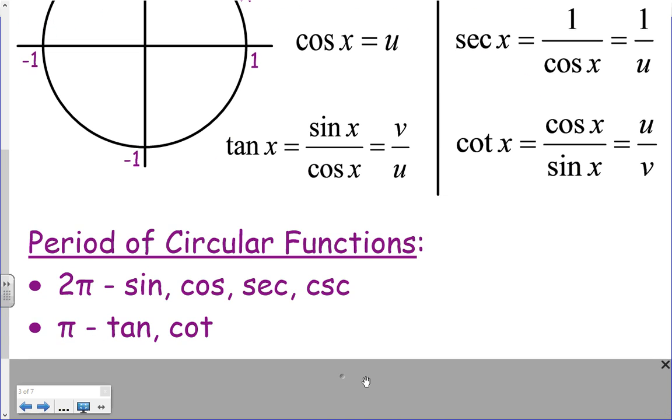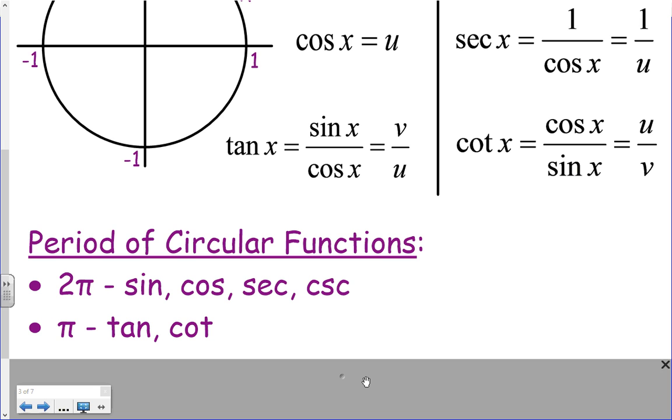A couple things to note here about your periodic circular functions. These are really working in radians then. And so we know that sine and cosine had a period of 360 degrees. We know that 2 pi is equal to 360 degrees, so the period of these circular functions is going to be 2 pi radians.